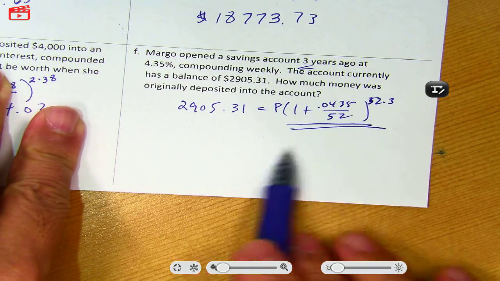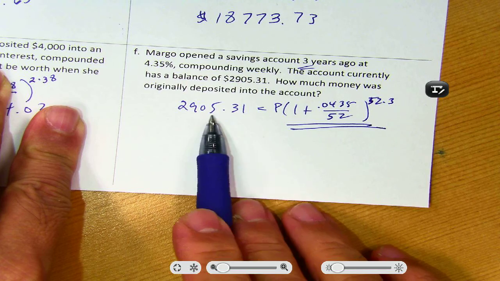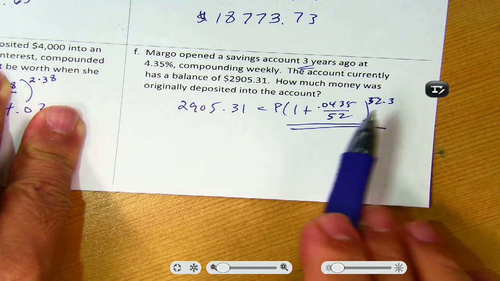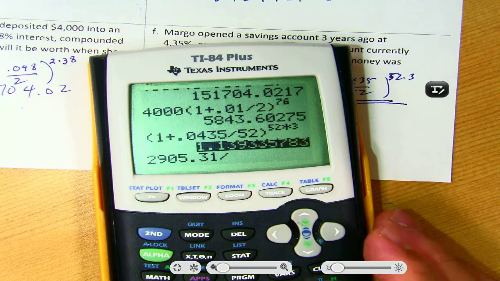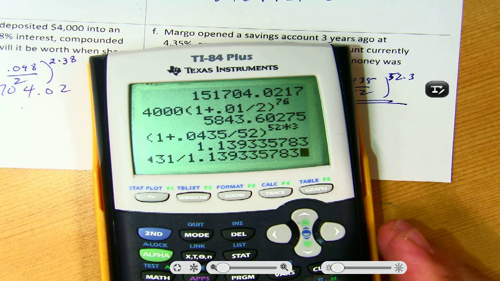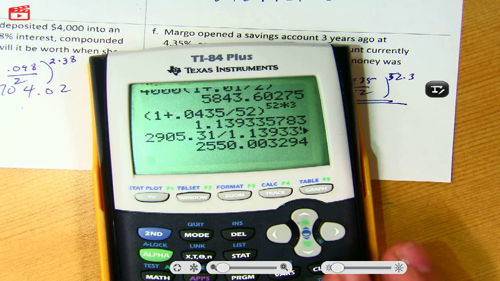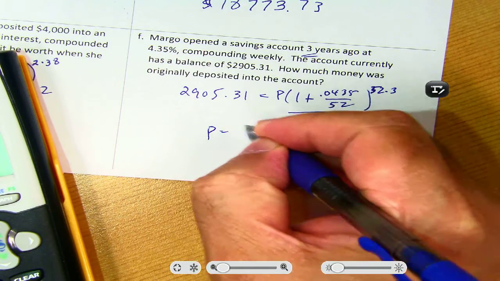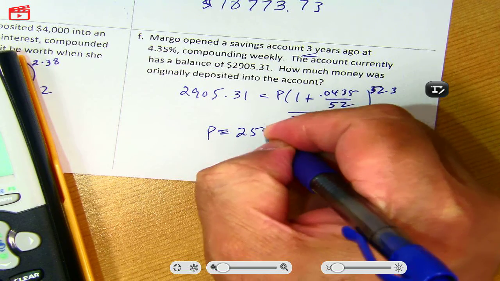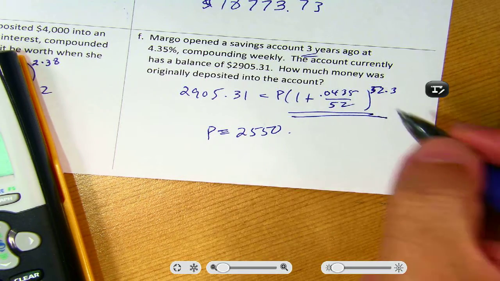Now I'm going to divide $2,905.31 by that to get the actual principal. So 2,905.31 divided by that value I just got, okay? And that's going to be the original amount, $2,550. So my principal was $2,550. That was the original amount.